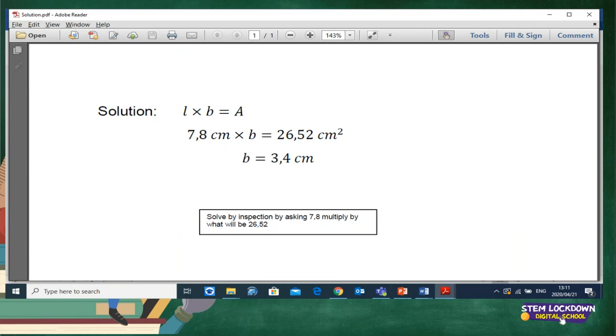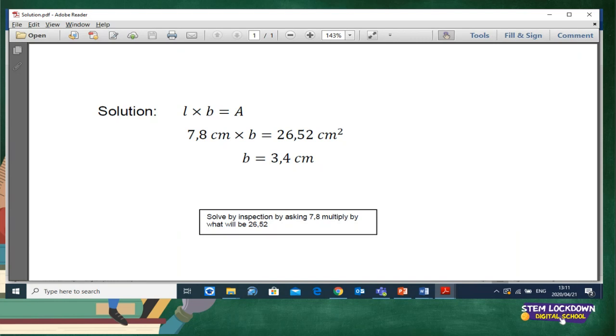How does this question arise? It arises from the fact that we know that the area of a rectangle is equal to length multiplied by breadth. This means that if you are given the area together with the length, then you need to find out what the length must be multiplied with in order to get the area. And in this case, the length will have to be multiplied by 3,4.